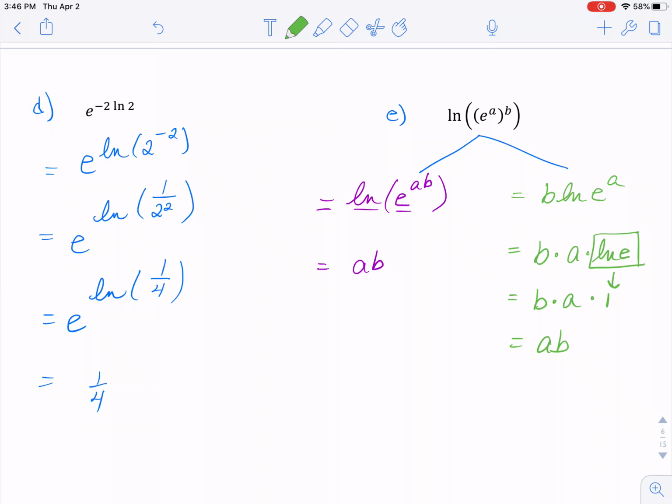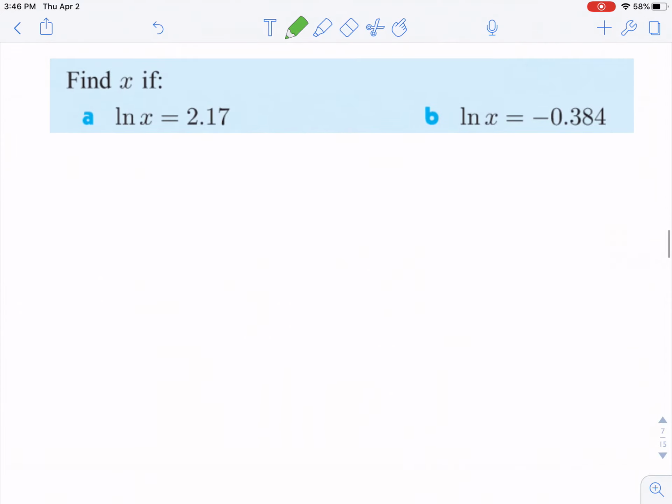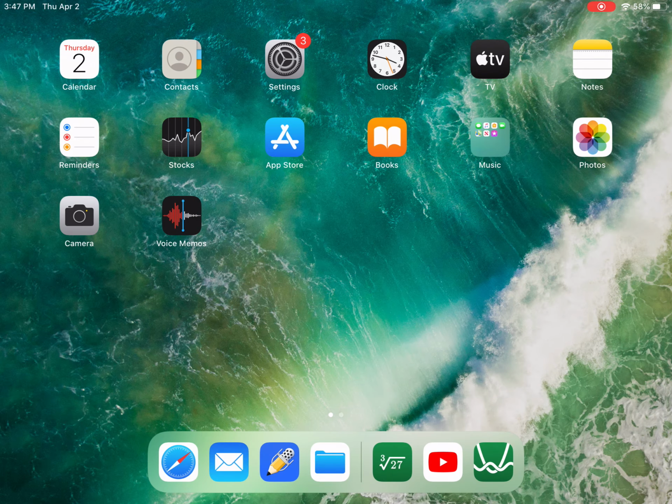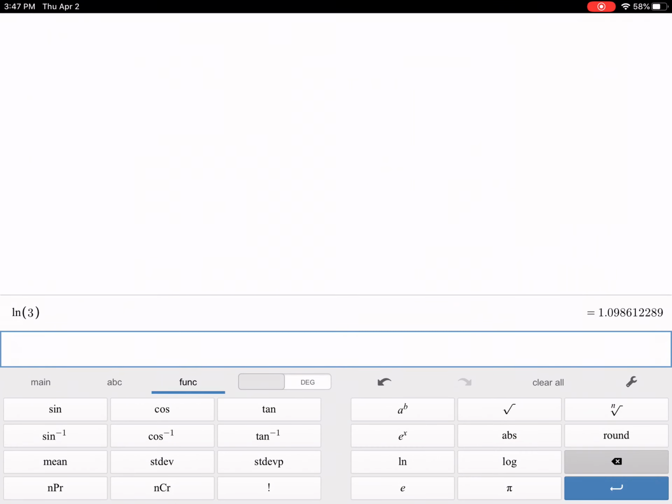So, calculator time. Find x if the ln of x is 2.17. So I'm going to rewrite this as an exponential. What's my base? My base is e. What's my exponent? 2.17. And that is equal to what I'm taking the natural log of, which is x. Now, all I'm going to do is enter that into my calculator, and you will be happy to know that I downloaded the Desmos scientific calculator.